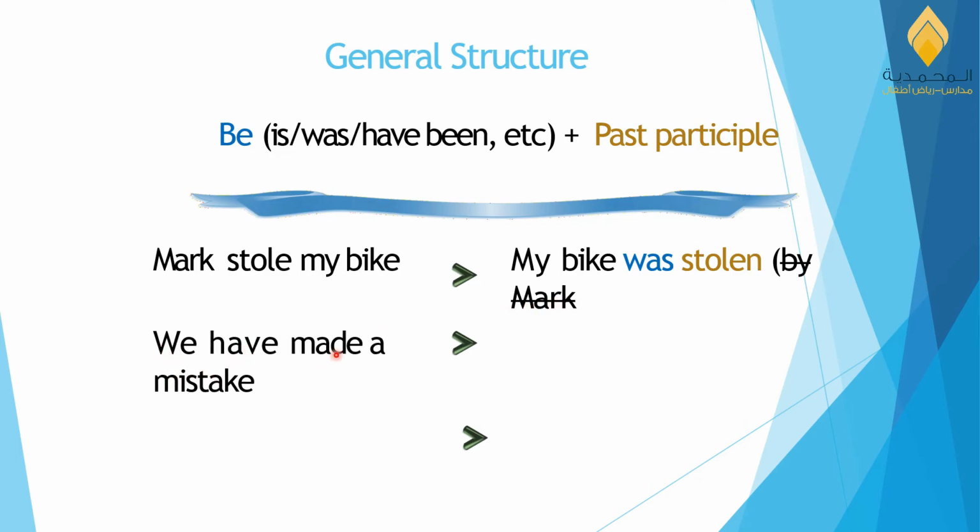We have made a mistake. What's the tense of this sentence? It is present perfect because we have has plus verb 3. Where is the object? A mistake. Correct. So we start, a mistake has been made.